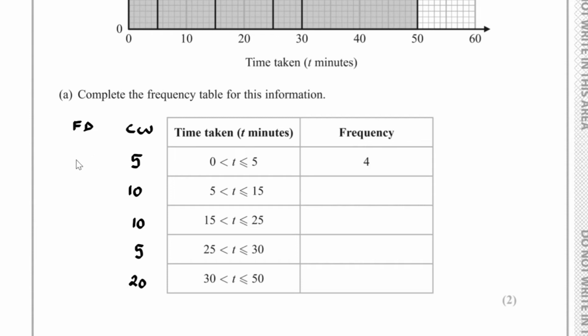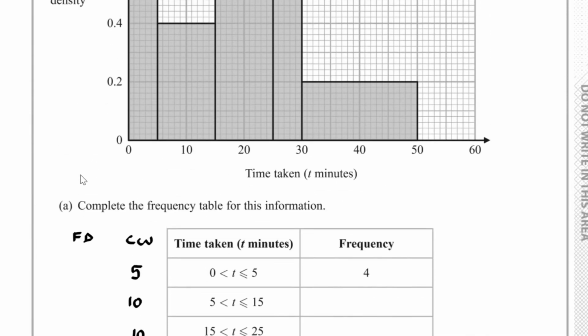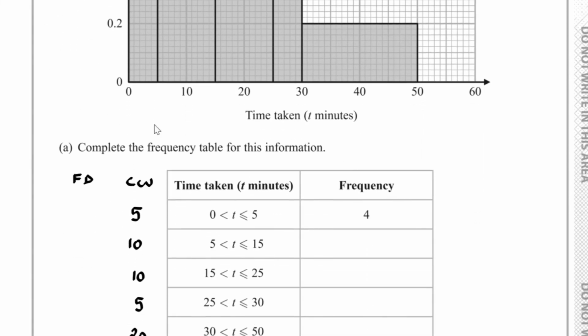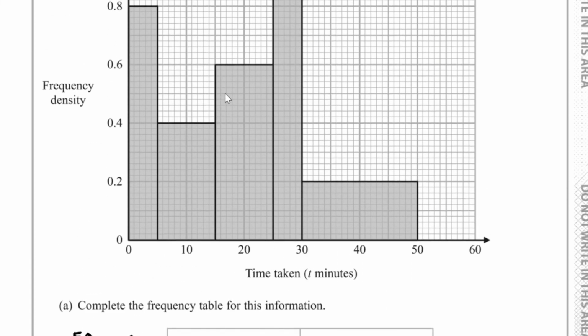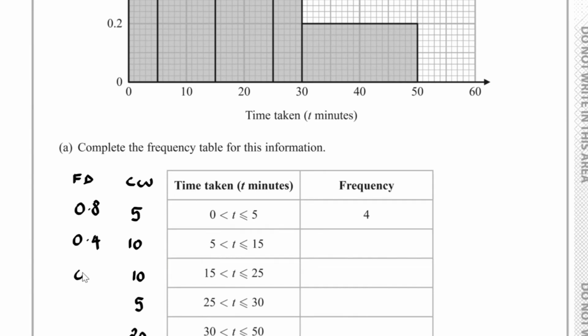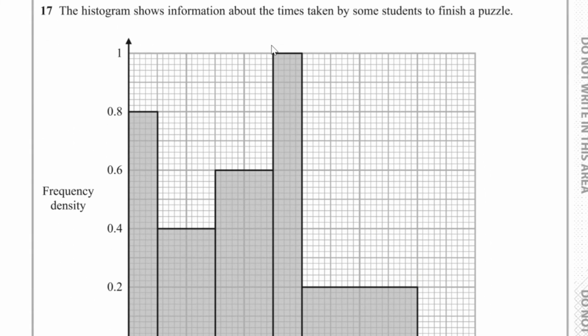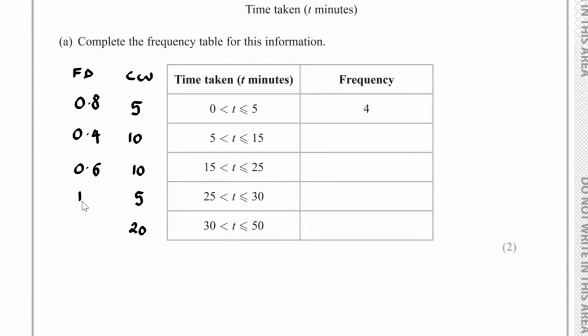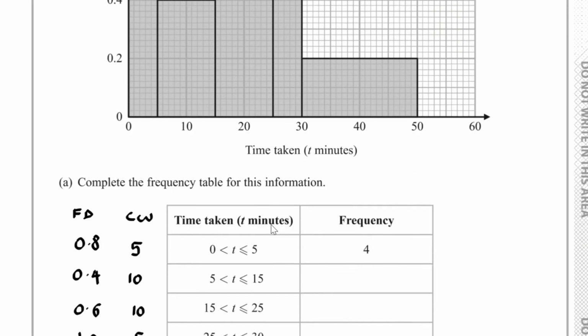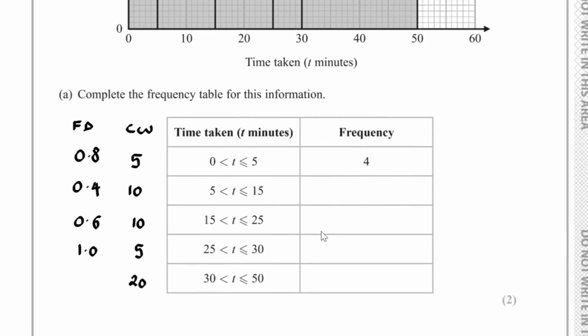Now for the frequency densities, we can read those off. We've got 0.8, then here we've got 0.4, then here we've got 0.6, and then here we've got 1.0, and then finally we've got 0.2.